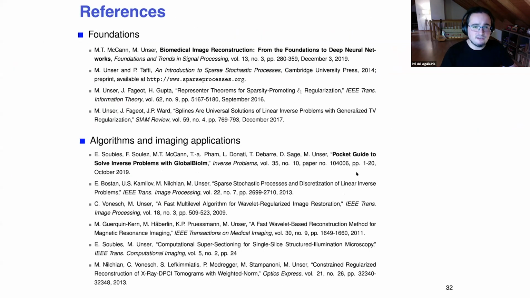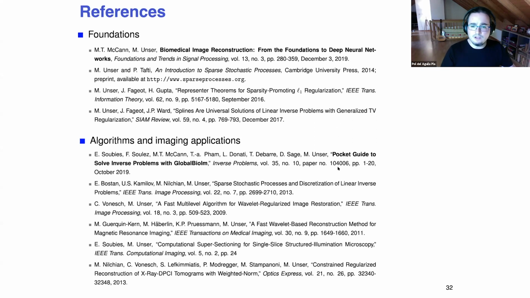So finally, some references. The most important one, the tutorial on biomedical image reconstruction from the Foundations of Deep Neural Networks, which basically presents the same storyline as here, but with many more details. Then the book on sparse stochastic processes, and a couple of papers on the theoretical characterization of compressed sensing or L1 regularization.